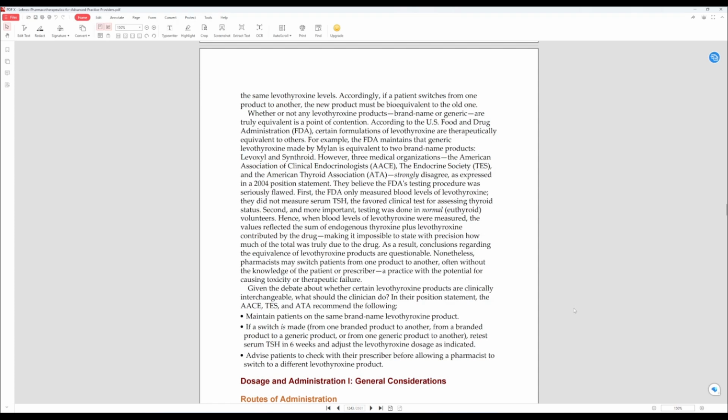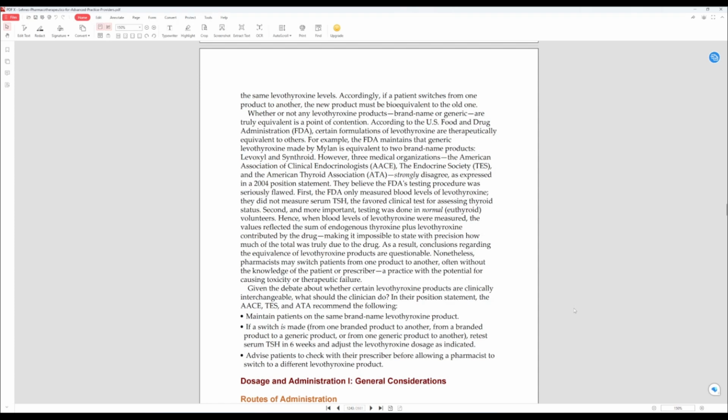Whether or not any levothyroxine products, brand name or generic, are truly equivalent is a point of contention. According to the U.S. Food and Drug Administration, or FDA, certain formulations of levothyroxine are therapeutically equivalent to others. An example of this is that the FDA maintains that generic levothyroxine made by Mylan is equivalent to two brand name products, Levoxyl and Synthroid.